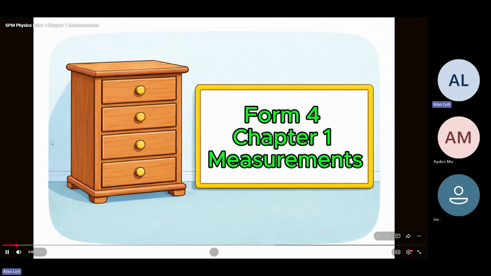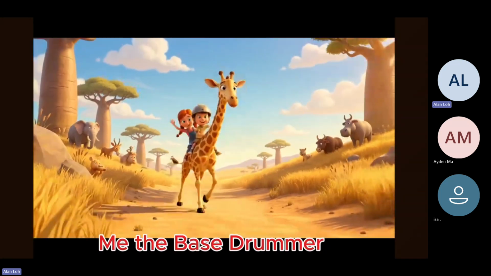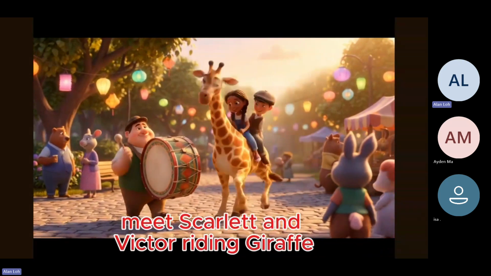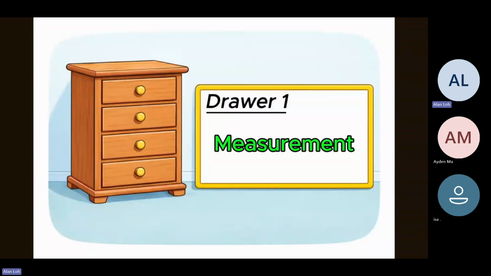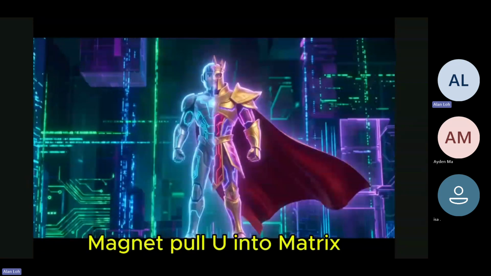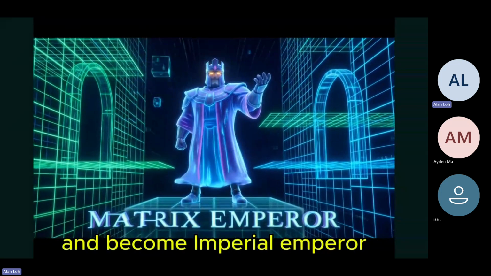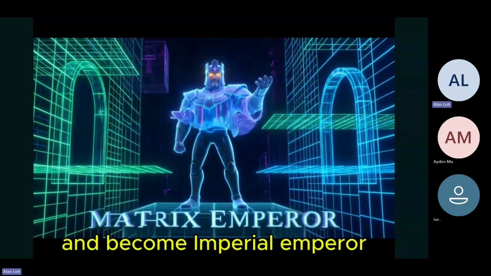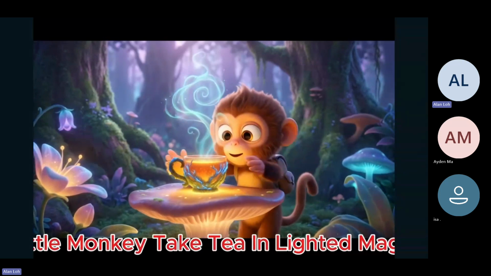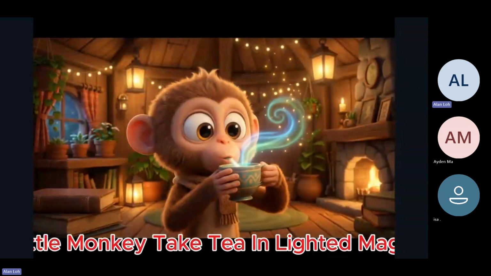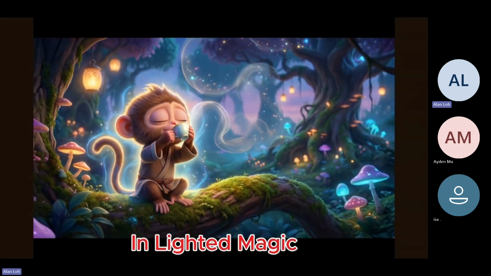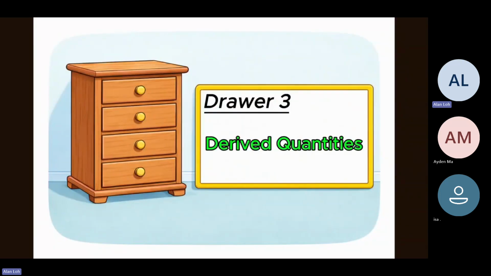Form 4. Chapter 1. Measurements. Me, the bass drummer. Meet Scarlett and Victor riding giraffe. Drawer 1. Measurement. Magnet, pull you into matrix. And become Imperial Emperor. Drawer 2. Base quantities. Little monkey, take tea, enlightened magic. Drawer 3.